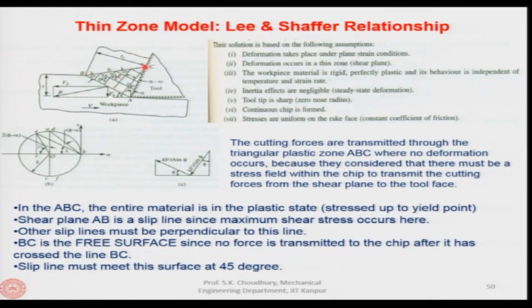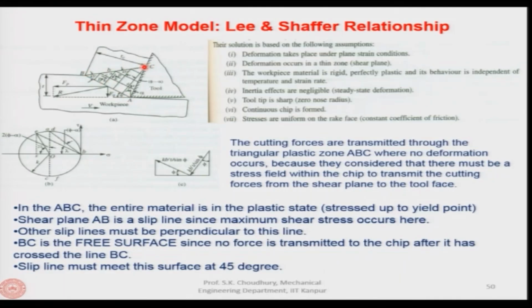So, BC is the free surface since no force is transmitted to the chip after it has crossed the line BC. Slip lines must meet this surface at 45 degrees. This is the slip line theory, and in the theory you can find out that the free surface BC makes an angle of 45 degrees with the slip line, that is AB. AB is the slip line that makes an angle of 45 degrees with the free surface, which is BC.